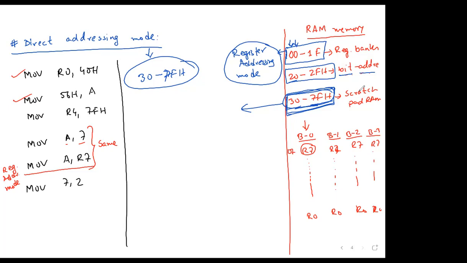Can you say the same thing for scratchpad RAM? No, sir. No, but you see, in register addressing mode, we need the name of the registers. Otherwise, we cannot use register addressing mode. So since you do not have any name for the registers in scratchpad RAM, we cannot use register addressing mode. So in such case, we use direct addressing mode. Have you understood now?